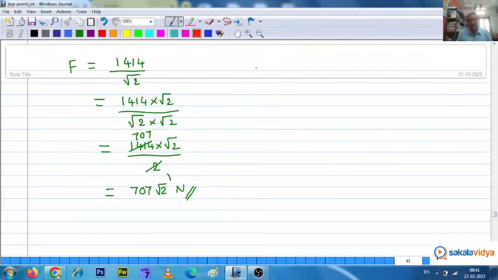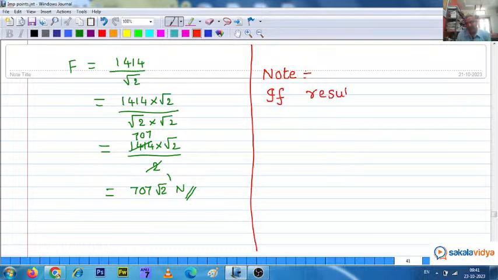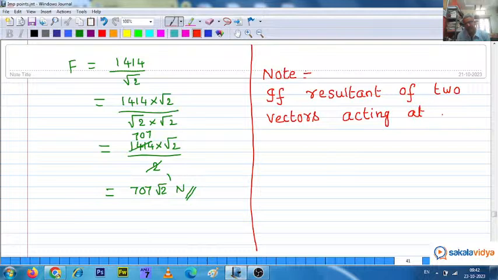So my dear students, remember one thing. This note, write it down, is very important. If the resultant of two vectors acting at right angles, you can say forces also.